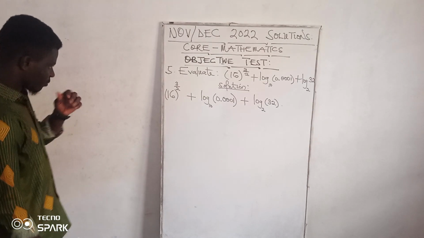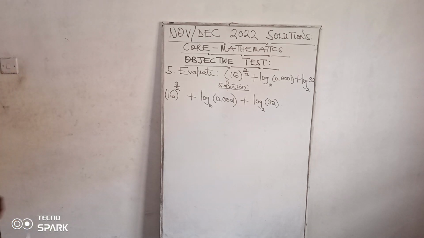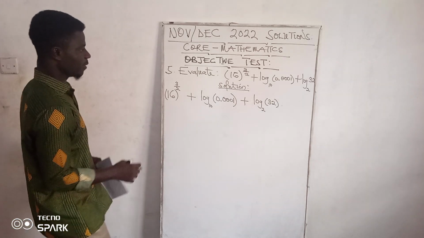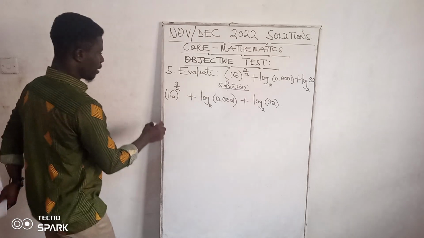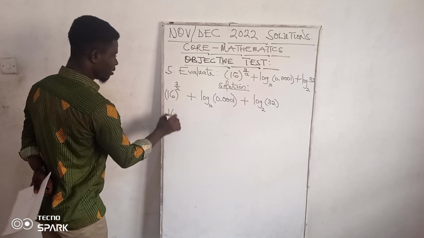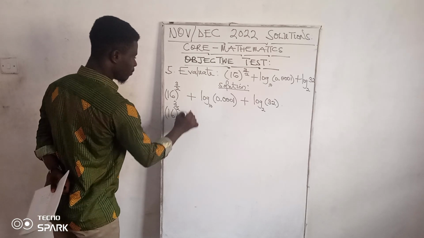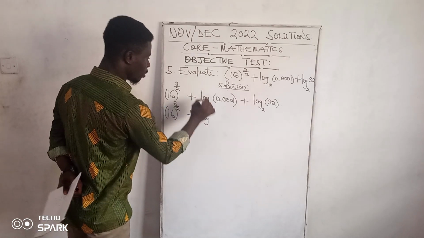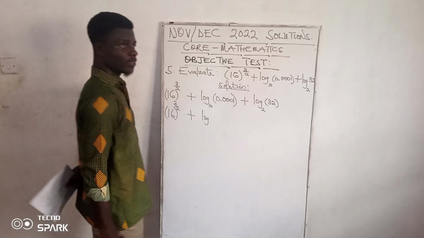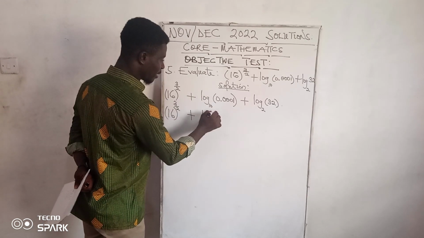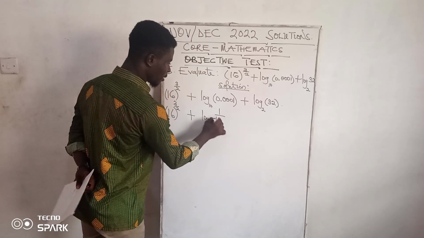So let's see how we can solve this question. I have my 16 exponent 3 on 2, then plus log. Now 0.0001, I can write it as 1 over 1000.